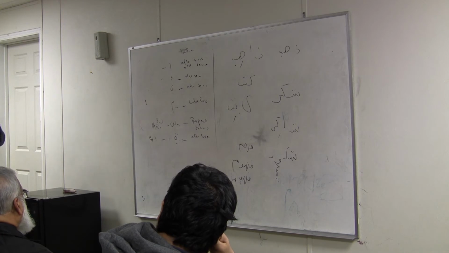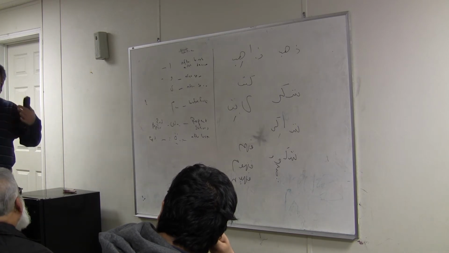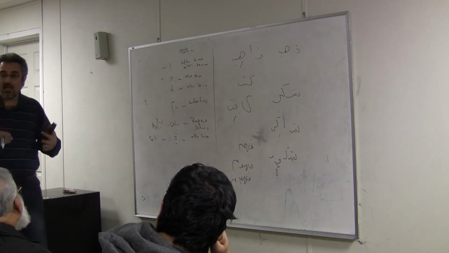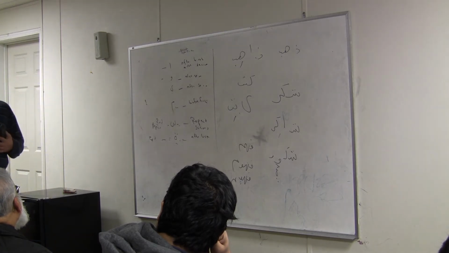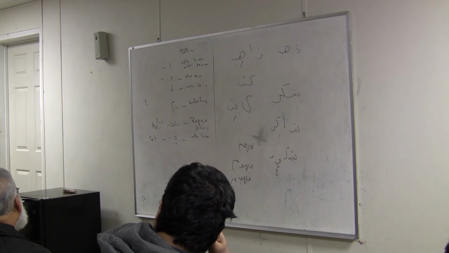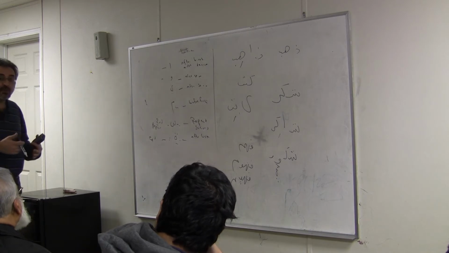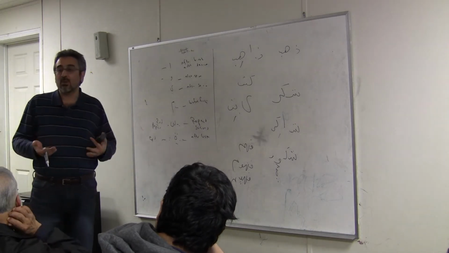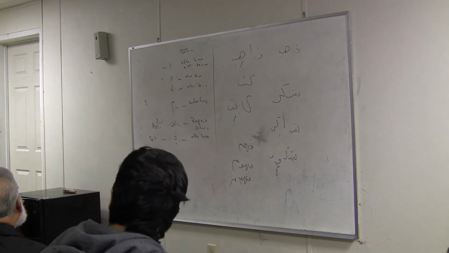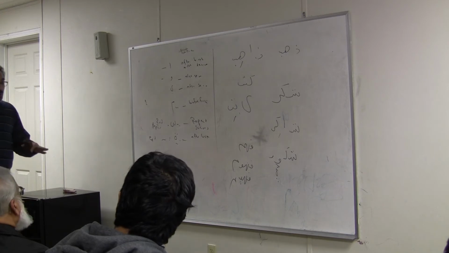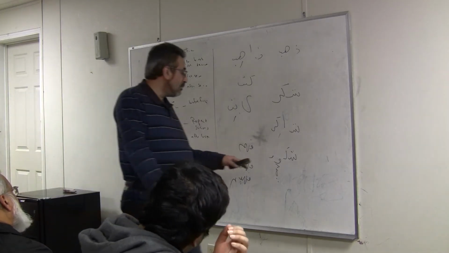So Shakir, Shakur, Sabir, Sabur, Hamid, Hamoud, and Hamid. Both are correct. Hamoud, he praises a lot, and Hamid, he's always to be praised. He's worthy, it's intrinsic in him to be praised. Allah is Hamid, right? So some can take the ya.